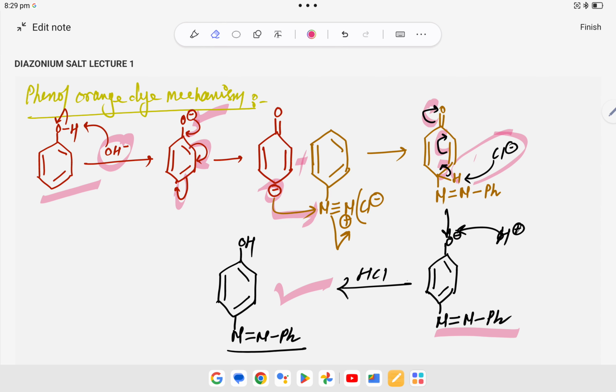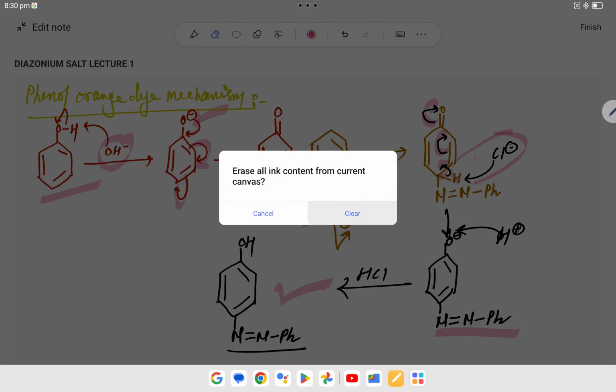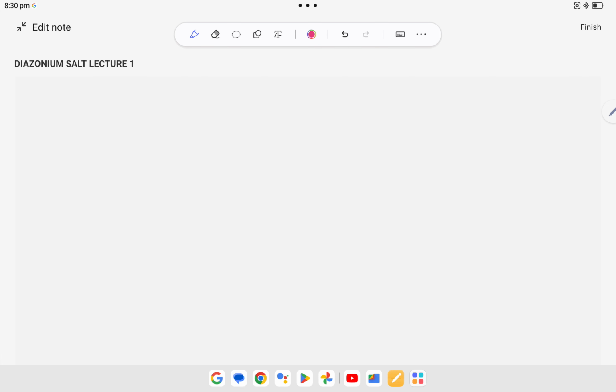Let's talk about the other two dyes and finish the topic. Second is aniline yellow. Aniline yellow color dye. How is it formed?